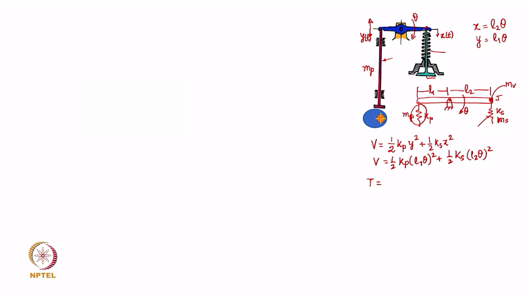There is a difference between the mass which is distributed of the rocker and that of the push rod. The push rod is getting compressed and it is moving. Each of these elements moves with a different displacement as compared to this end of the push rod. So, each element of the push rod moves with different velocities.